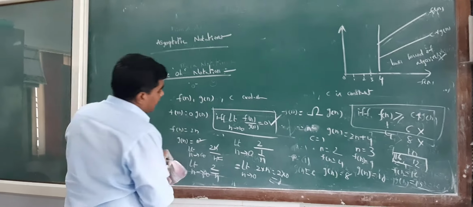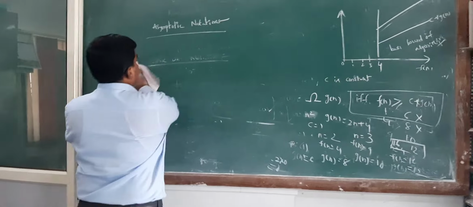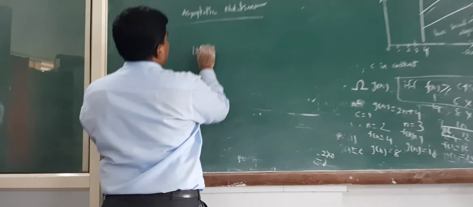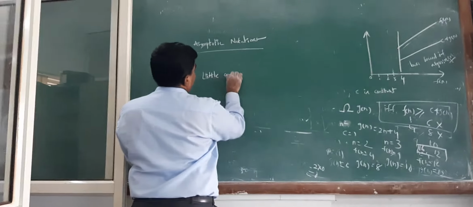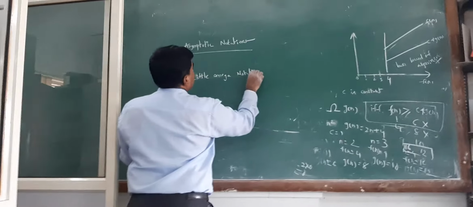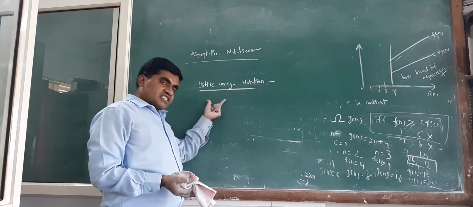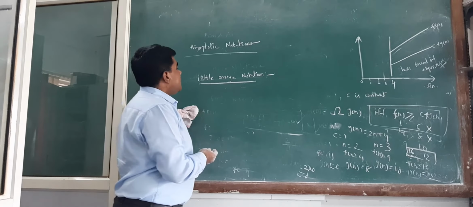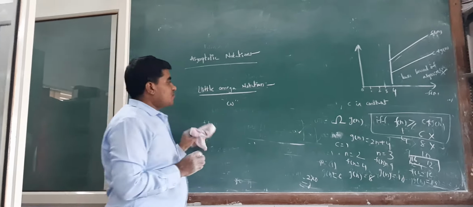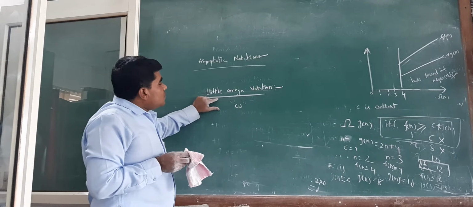Next, little omega notation. It is also used to represent the best case time complexity, and little omega is denoted by the symbol small w.